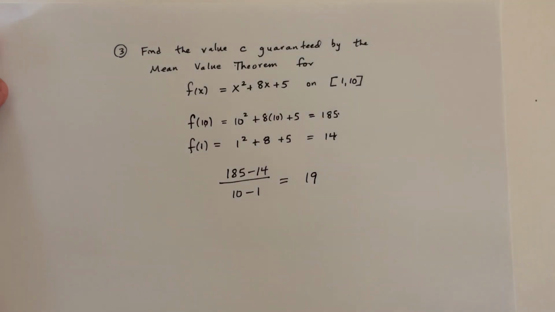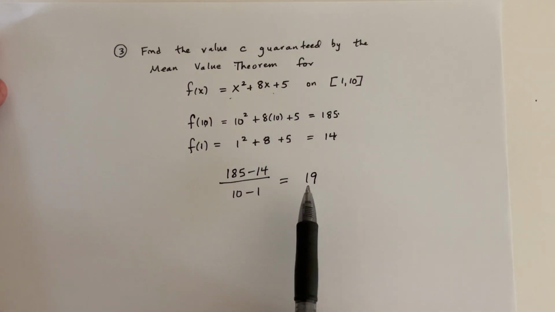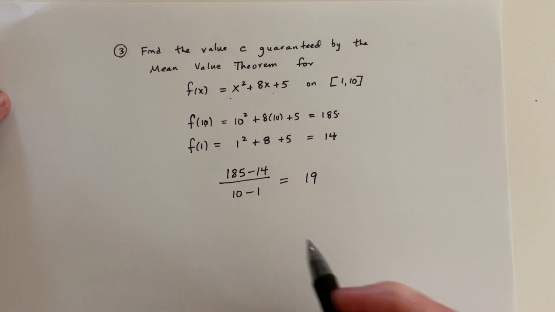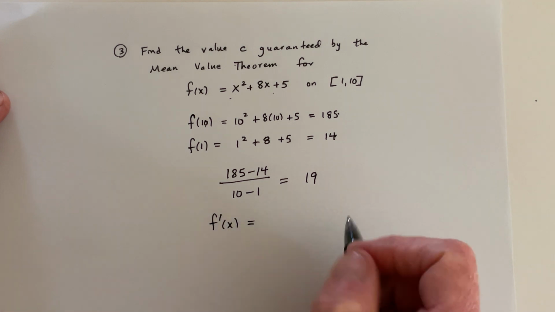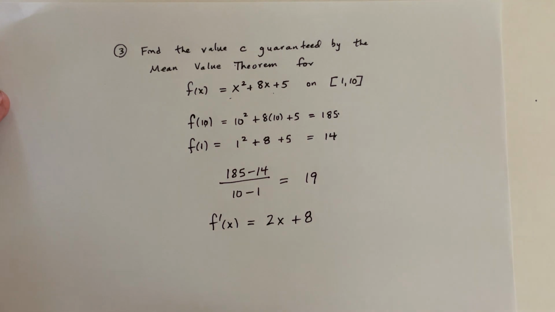Then what the mean value theorem says is, if you take the derivative, there has to be a place where the derivative equals this number. So it's basically saying this is the slope of the secant line. If you take the derivative, that's slope of the tangent line. There has to be a place where the two are equal. So the derivative would be 2x plus 8.